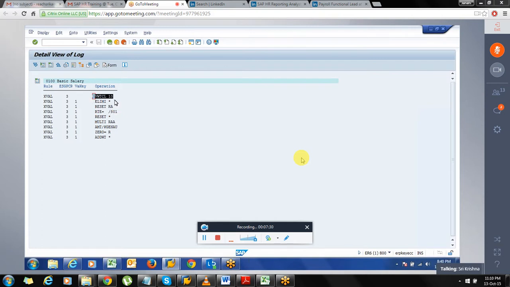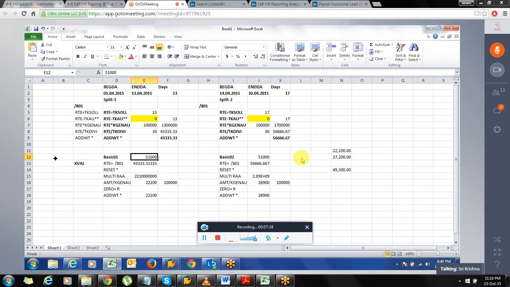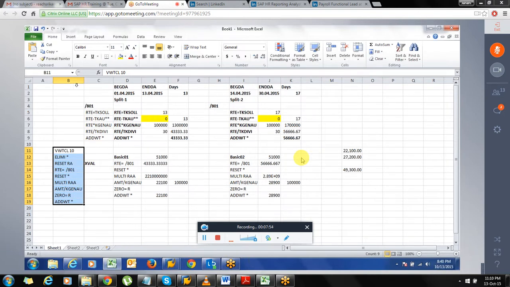So it is evaluating processing class 10, which was maintained as 1, that is why this rule was reading. Eliminate star, the split indicator which is there, it will eliminate that. Reset RA means it will again reset rate and amount. From here the actual rule will start. We are considering rate as this one, 801. Then we are doing a multiplication function.